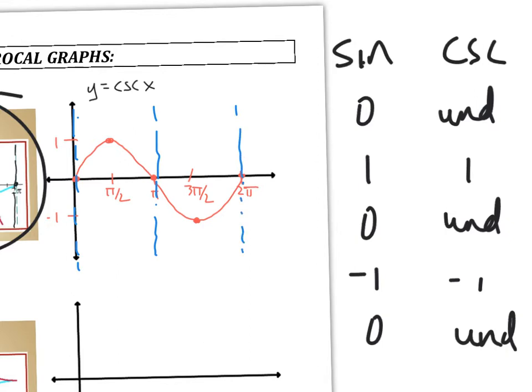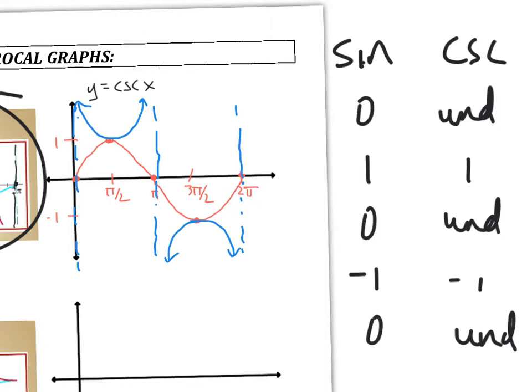And then our curve is basically going to look like a parabola. We are going to graph here, and we are going to graph here. It's going to look like a bunch of parabolas in between the asymptotes.